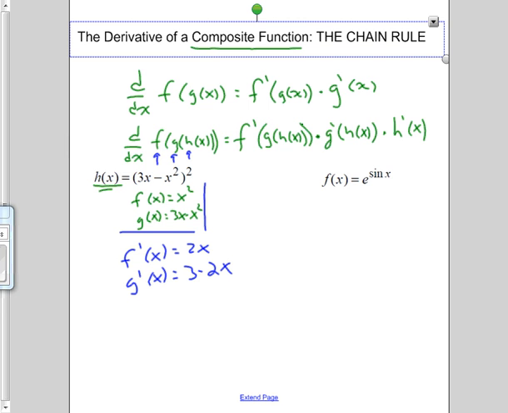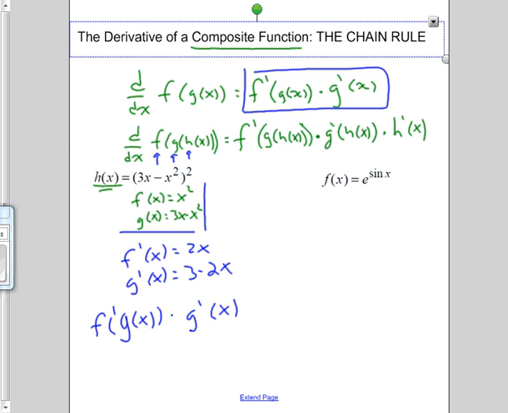And so, using this chain rule, f prime of g of x times g prime of x for this given function would be 2, but instead of an x, I'm substituting in g of x. So 2 times (3x minus x squared) times g prime of x, 3 minus 2x.